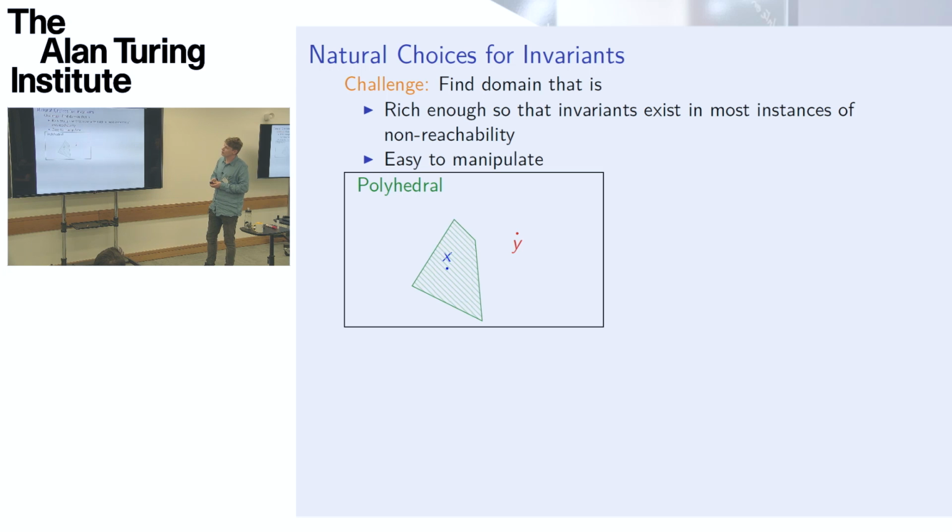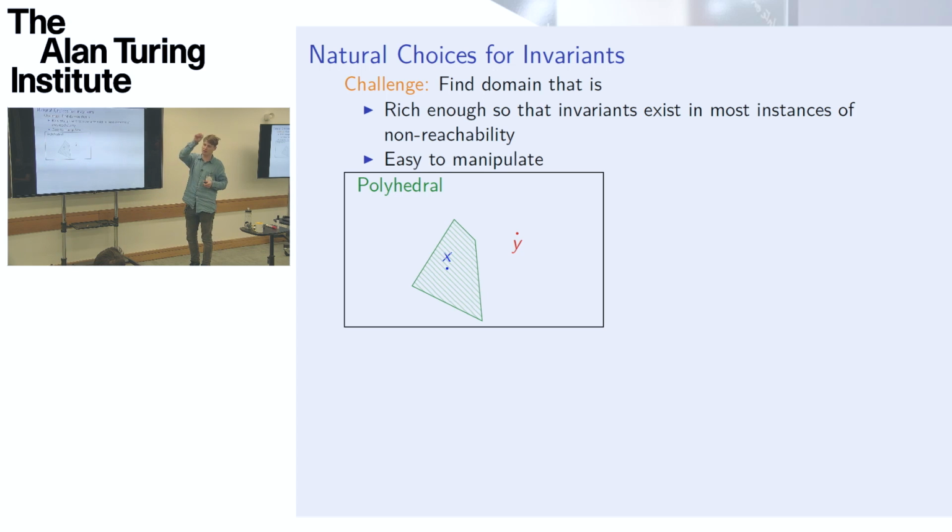The first idea would be to consider polyhedral invariants, because that's also what's done a lot in practice in static analysis. The inconvenience with this is that polyhedral sets are always convex. And when we have a linear transformation, in most cases you're going to have an eigenvalue that's complex, in the sense that it's not real. So it means that something is going to turn around in my orbit.